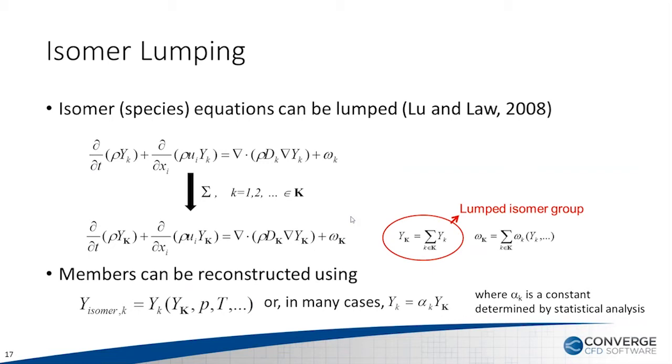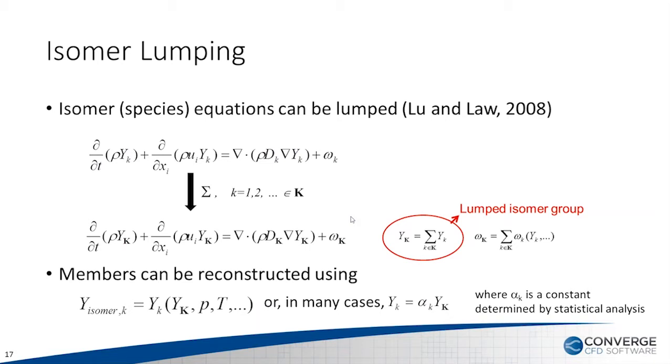The last step is isomer lumping. The idea is that even though we reduce the unimportant species, and also remove some limbo species, if you look at all species, there are still a lot of species with similar properties.